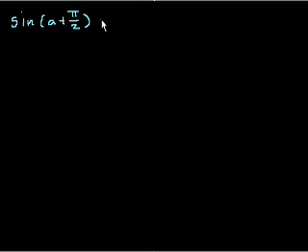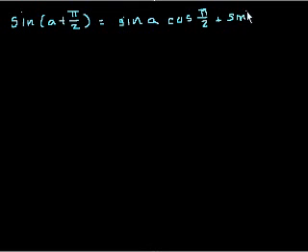So that tells us that it's the sine of a times the cosine of pi over 2 plus the sine of pi over 2.